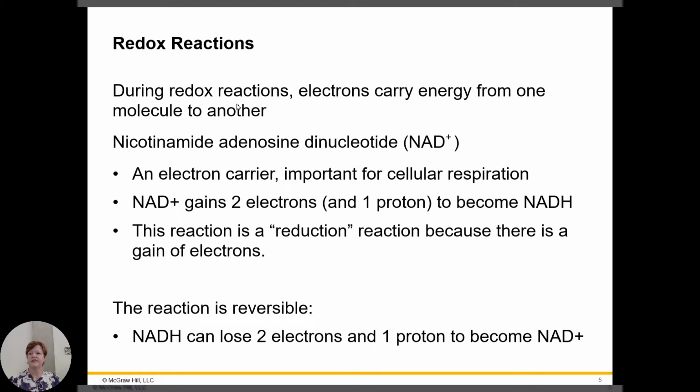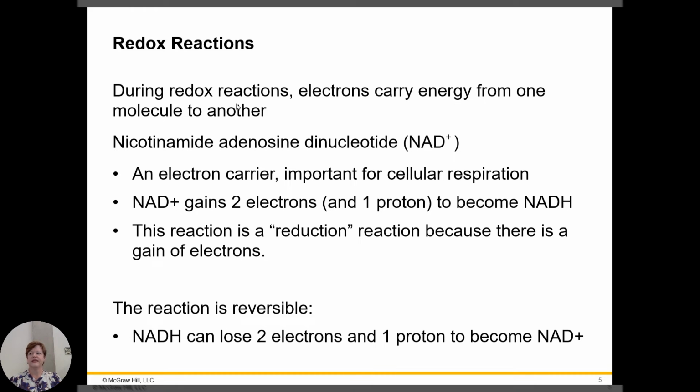And so we say that reaction is a reduction reaction because the NAD is gaining electrons, and so it's called reduction. However, this reaction is reversible. The NADH can pass those 2 electrons and protons on to some other molecule to become NAD plus again.